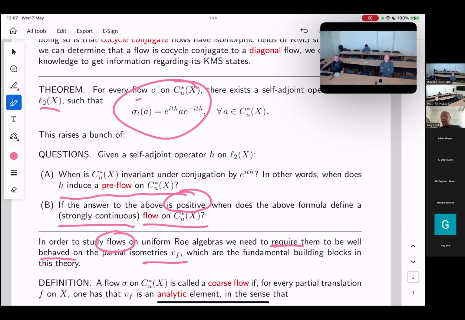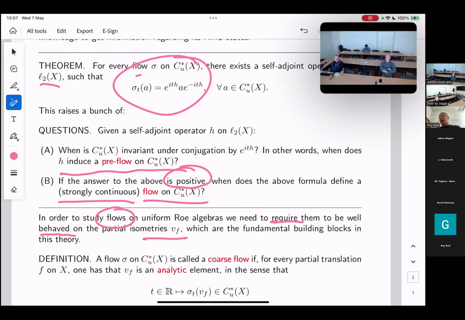So here's a definition, which is an attempt at restricting flows in order for us to be able to say something. We're going to say that a flow is a coarse flow if for every partial translation f on X, Vf is an analytic element for our flow.